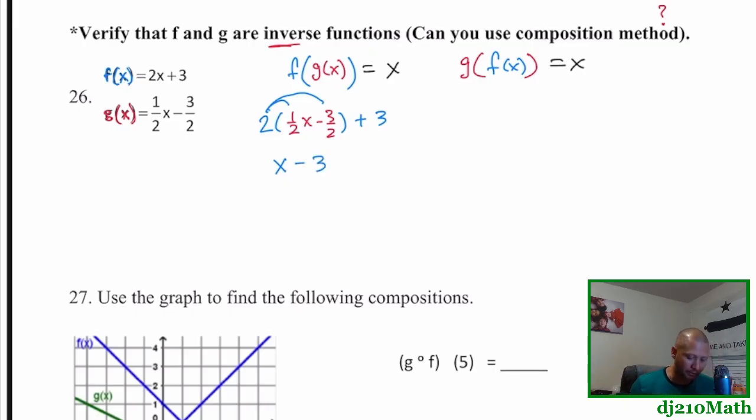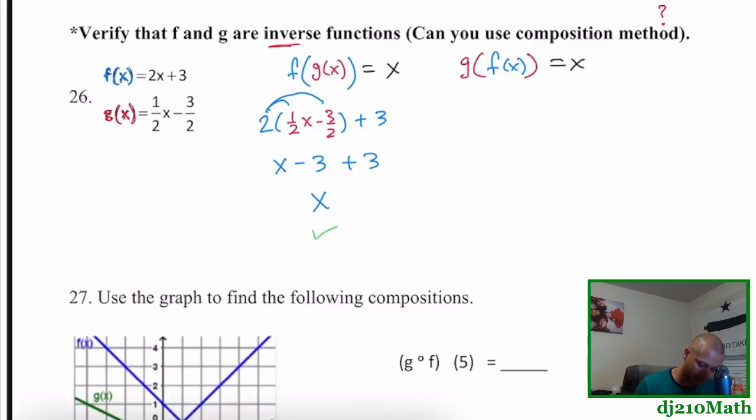So we're going to get x minus 3 on top, and then plus 3. So notice x minus 3 plus 3, well, that's just x. Okay, so I feel like we're on the right track because we got x to come out.